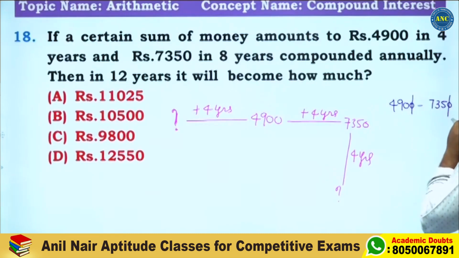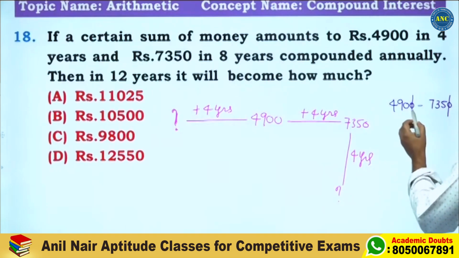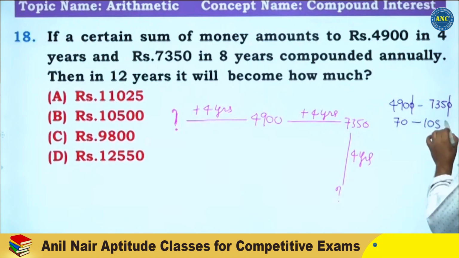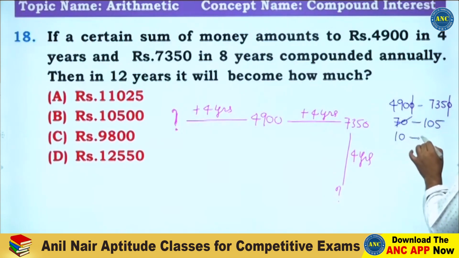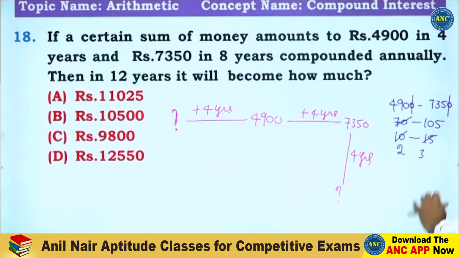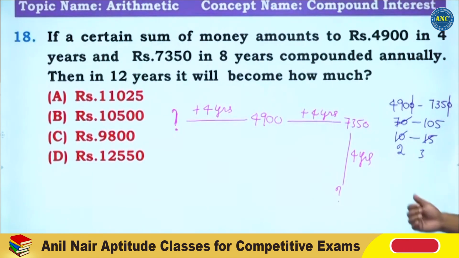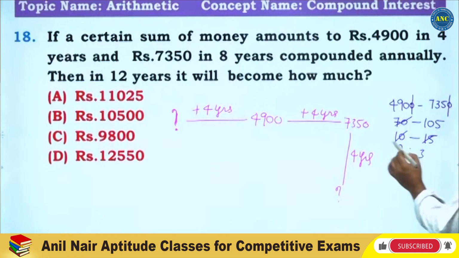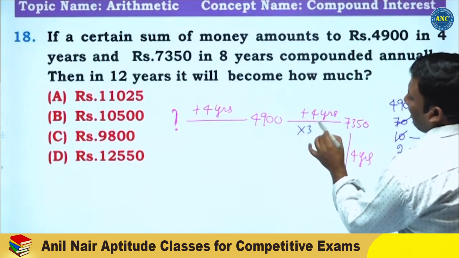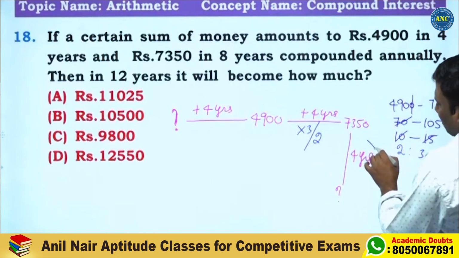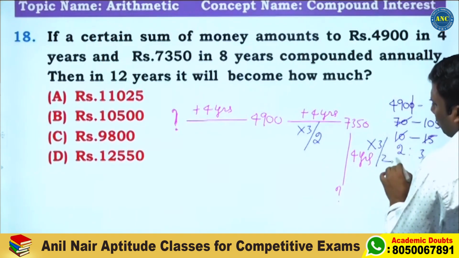So this is nothing but 49 and 73.5... 2:3. 245 3s are 735, 245 2s are 490. It is 2:3. That means the scaling factor is into 3 by 2. 3 by 2 for every 4 years. Here also it will become into 3 by 2.